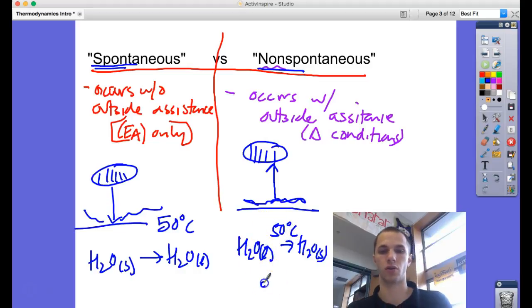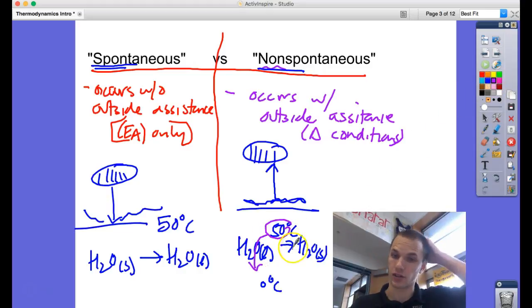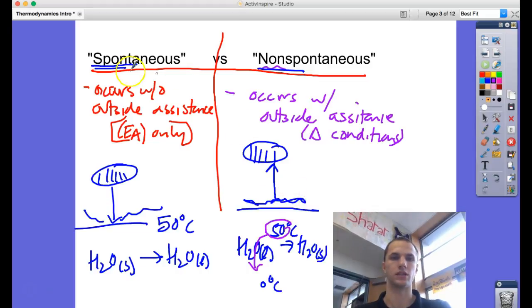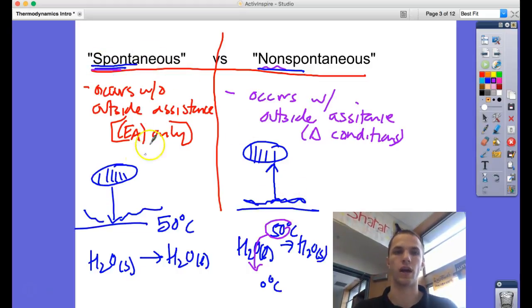Okay? The freezing point of water is 0, so we would have to change the conditions, cool it down, in order to make this reaction happen. So again, the main idea is some reactions are spontaneous. They occur without outside assistance. Some are non-spontaneous.